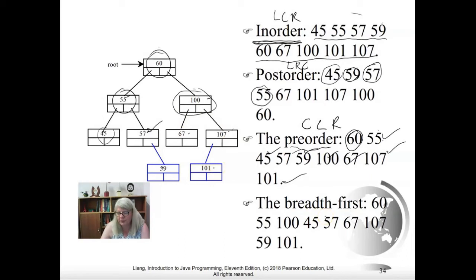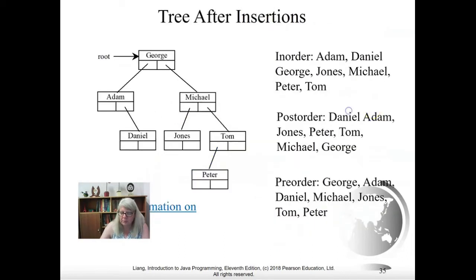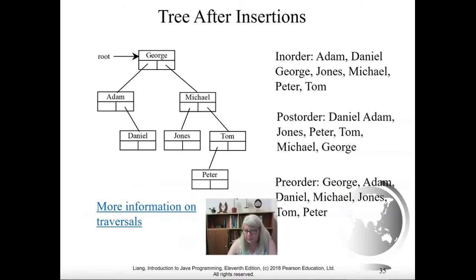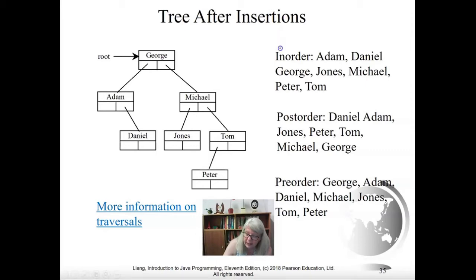Let's do another example with names. It's kind of more difficult. It's going to be alphabetical now. So in-order is, you know this, left, current, right. I'm going to start with left until I can't go any more left, which is Adam.